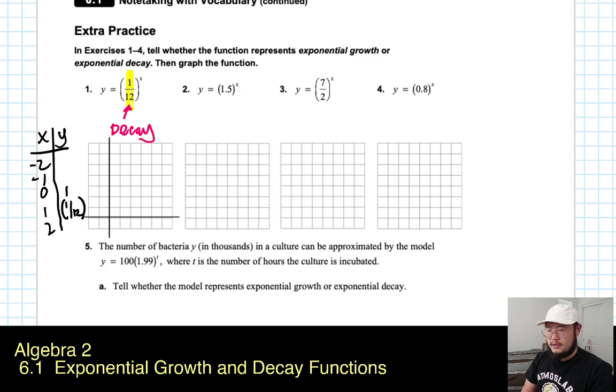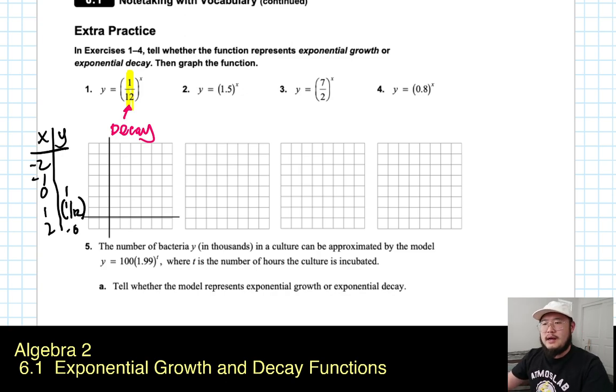We can repeat this. We have 1/12 raised to the second power, and then we have a nice small number, 0.00694, and it keeps repeating itself.